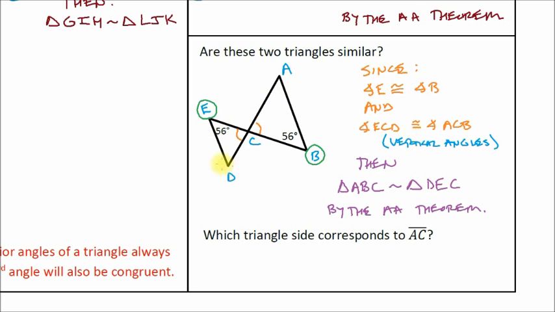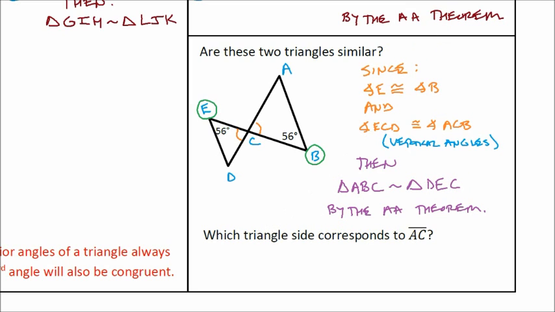Okay, so the last thing it's going to ask is which triangle side corresponds to AC? Well, let's take a look. Look at our similarity statement. A and C are the first position and the third position. That means it must correspond to DC.